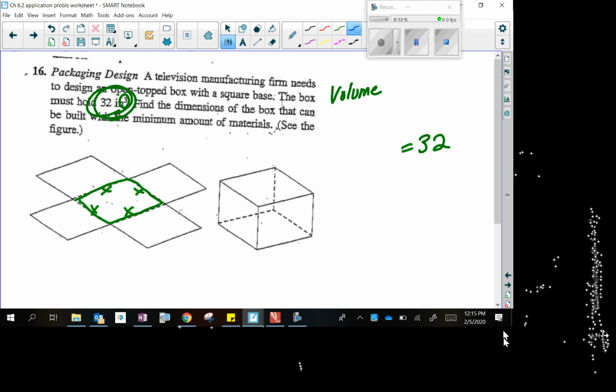Does that make sense? So the height of all the sides is y. And what would this value be? x, right? Because on a box like this, this side has to be the same as this side.